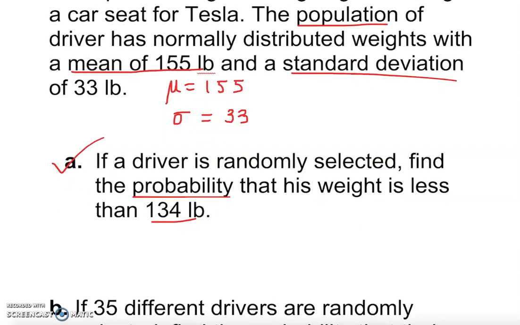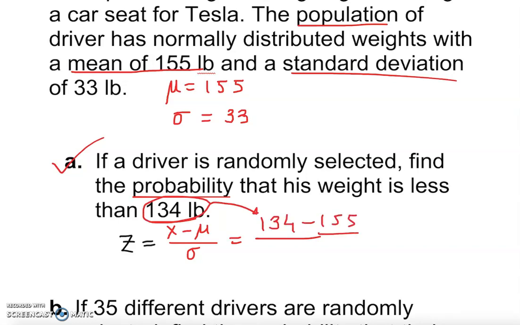So z-score is equal to x minus the population mean over the population standard deviation. In this case, this is the x. In the problem, x is always given. So 134 pounds minus 155 over 33.